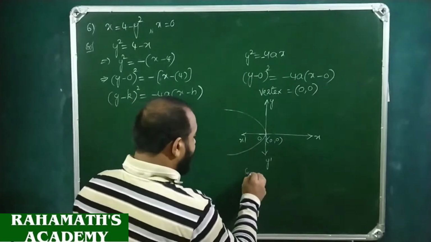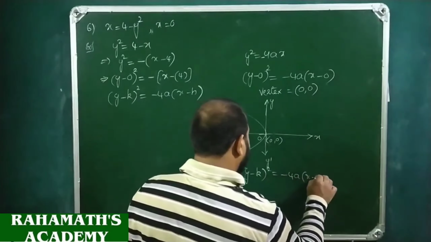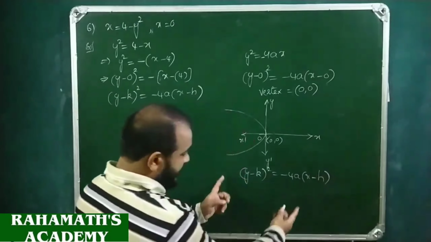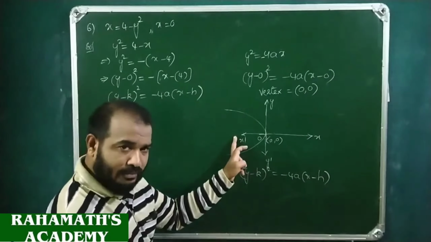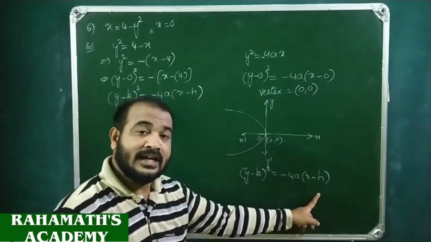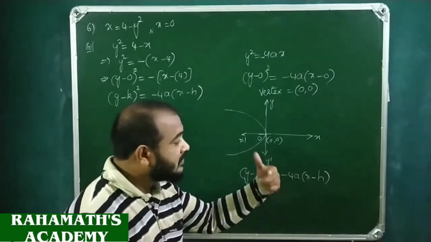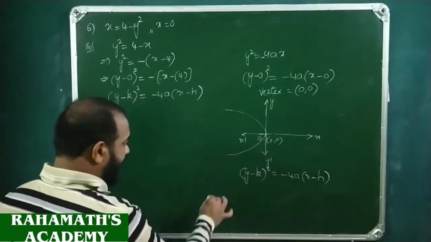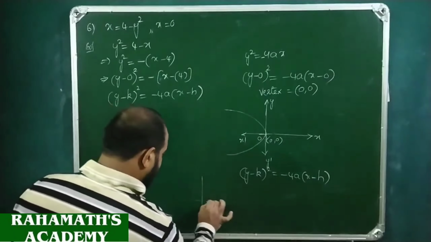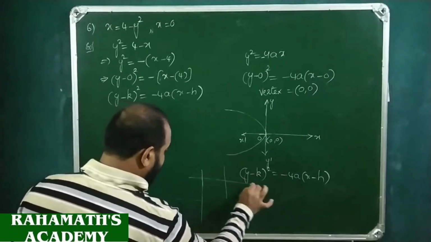Now y minus k whole square equals minus 4a into x minus h. This is a parabola exactly like this in all respects, but the h comma k value, the vertex, is at a place other than 0, 0. That means it is the same diagram, but the shifting of the origin has happened.